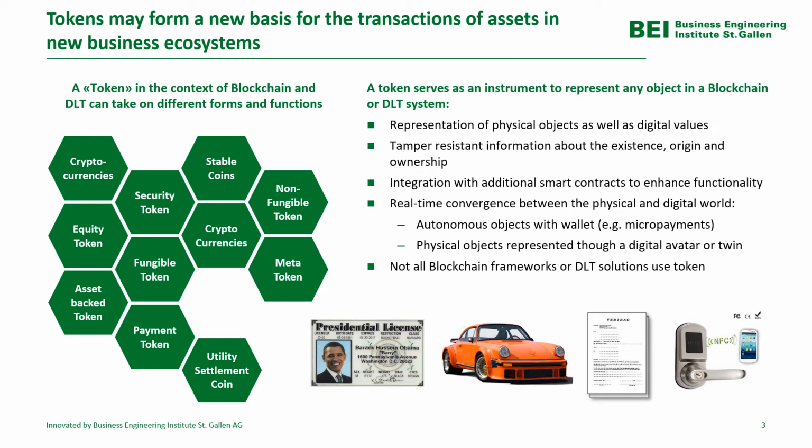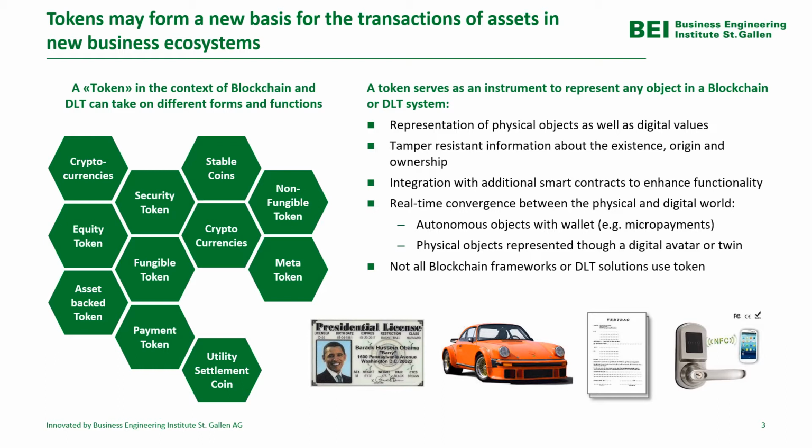So we can program the behavior once it's digitized. And this accelerates somehow the convergence between the physical and the digital world. Just imagine the Internet of Things. And the idea is also that we can somehow represent or establish a digital twin through a token.